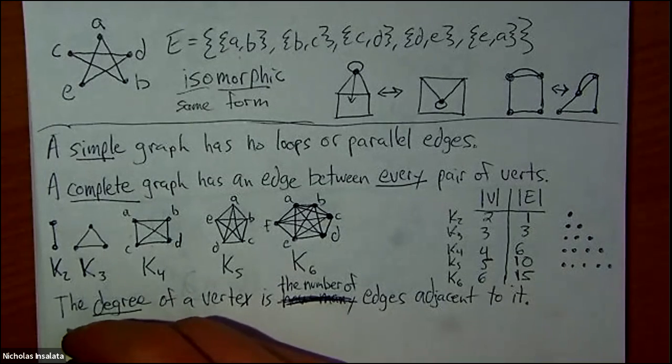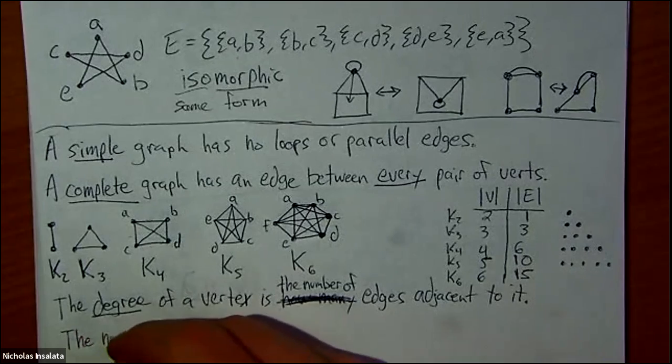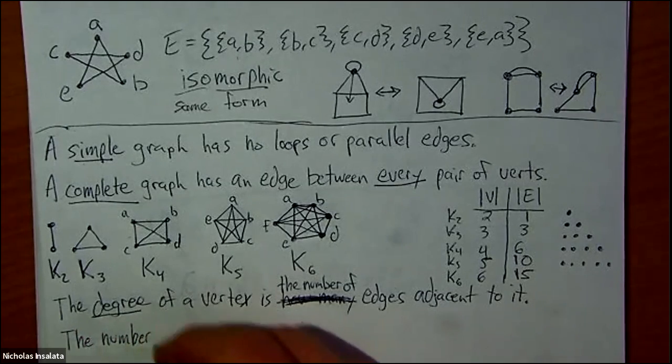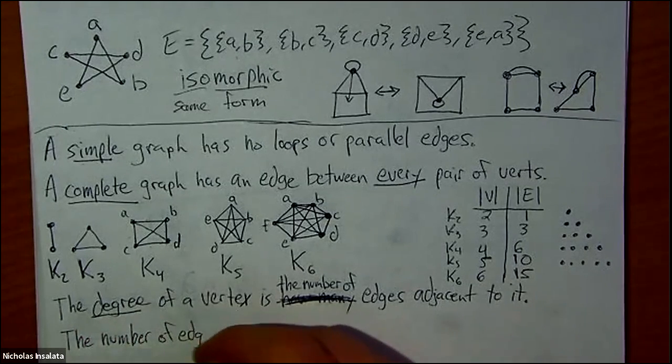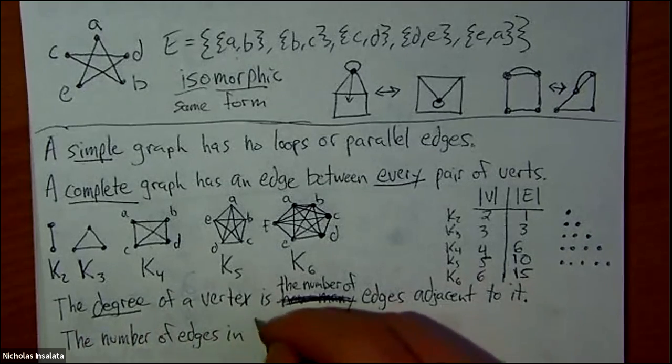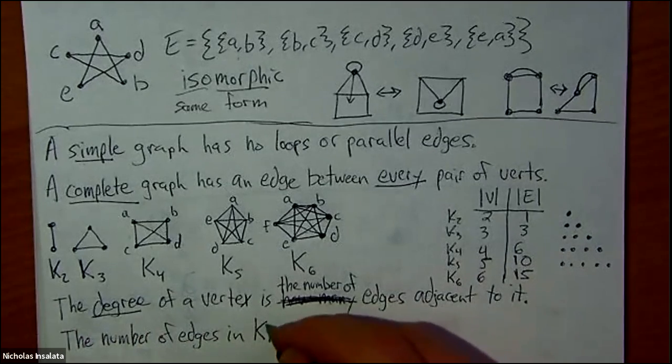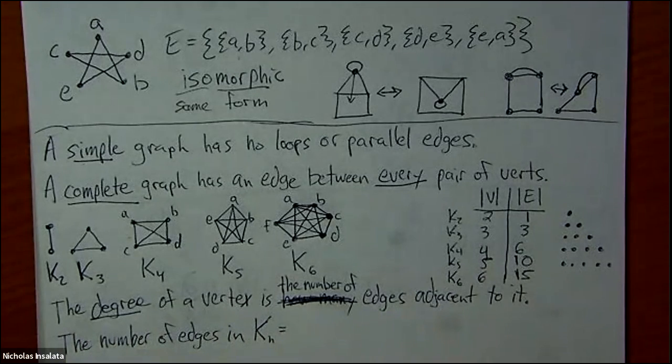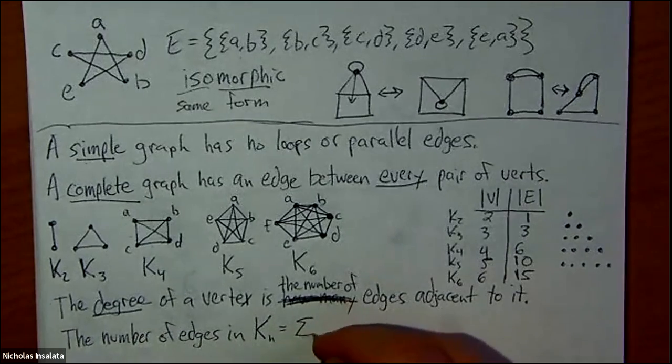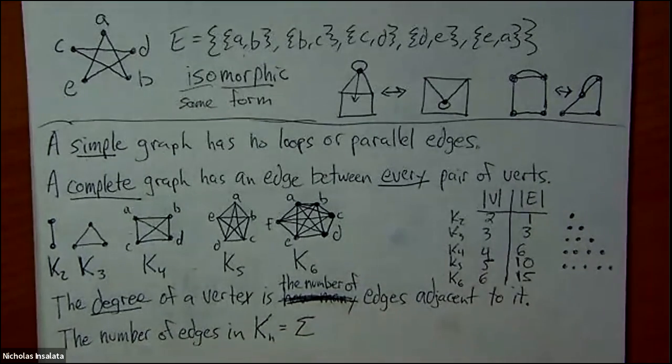So the number of edges in Kn is what? Maybe let's write it as a summation first. This is the sum from what?